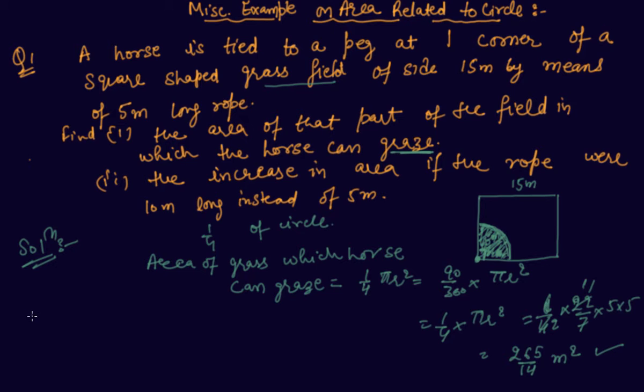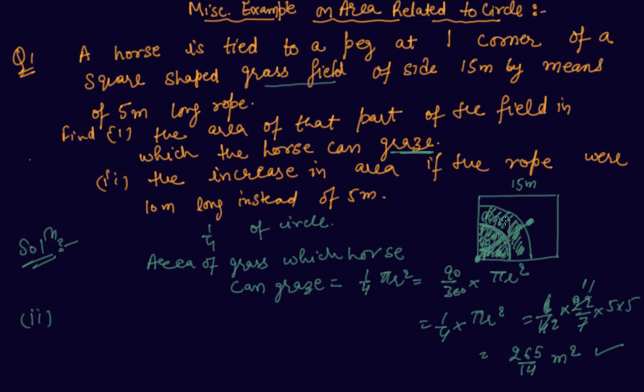And the second part, the question asks us the increase in the area if the rope were 10 meter long instead of 5 meter. If this rope would be of 10 meter, so I'll say that the new rope is 10 meter, so that this area now the horse can graze.